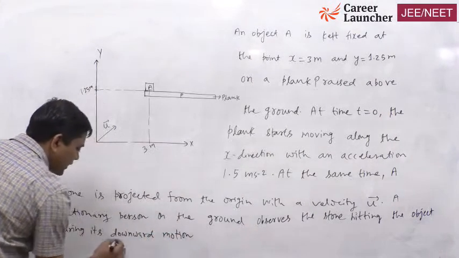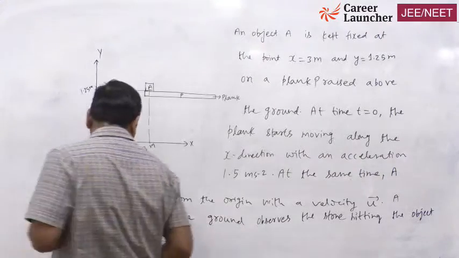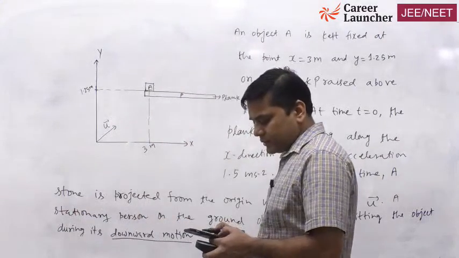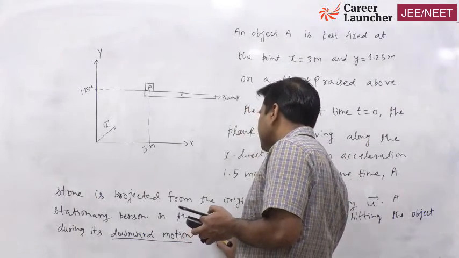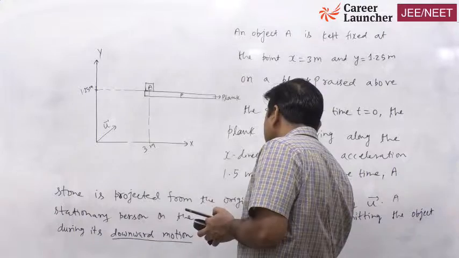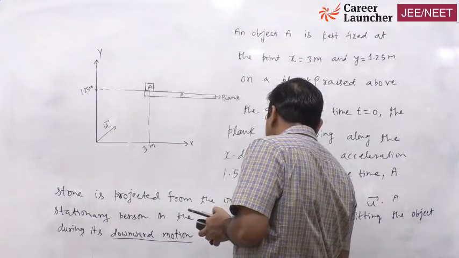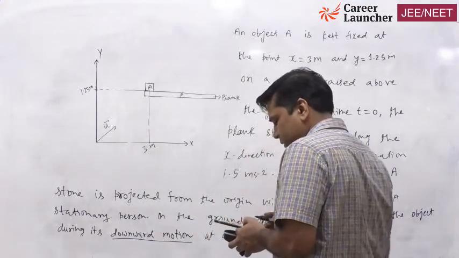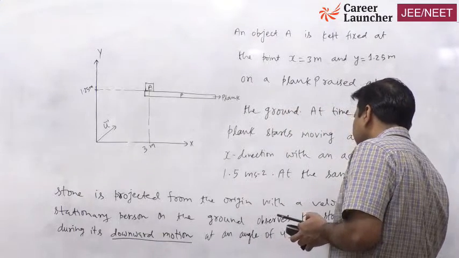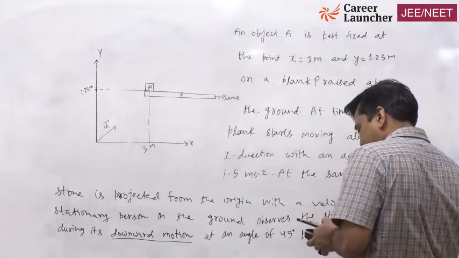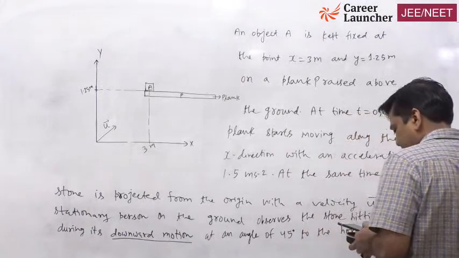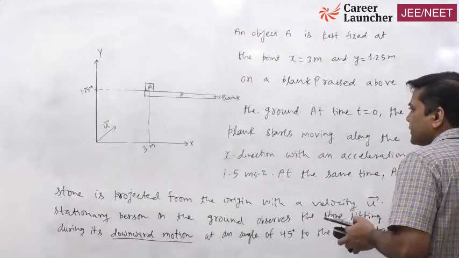I'll underline this because it's important. Downward motion at an angle of 45 degree to the horizontal. Okay, this is the question given.